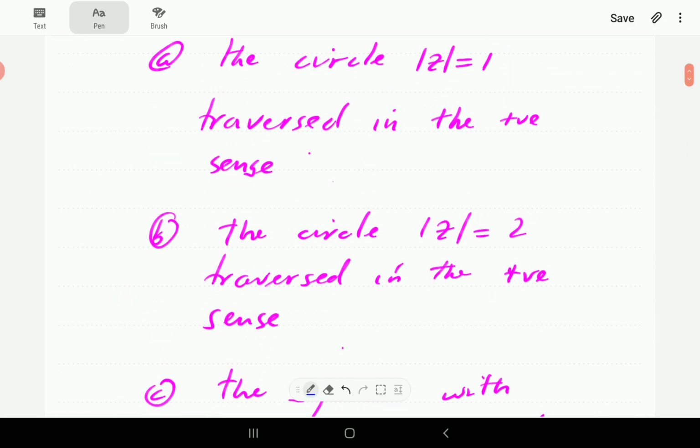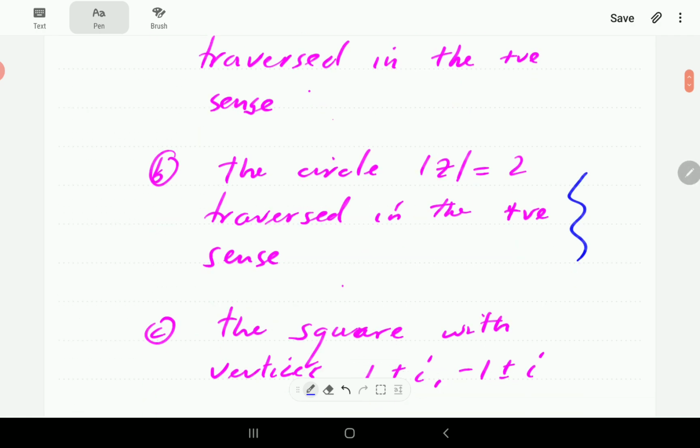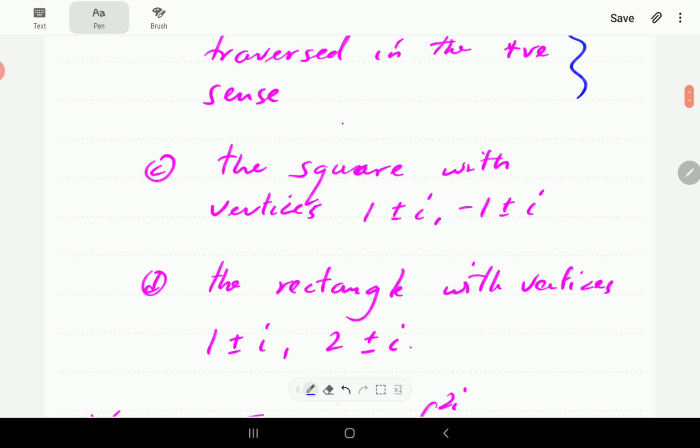In part C, we're going to do the same thing along a square with these vertices.